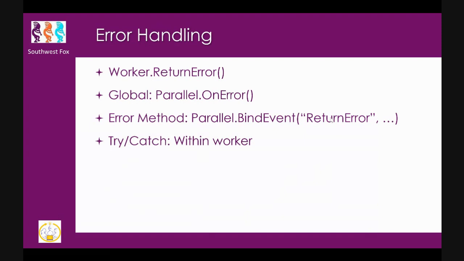Now, what about try-catch, structured exception handling? Yes and no. You can use it in a worker to catch an error, right? And then in the catch of that structure, you can call worker return error to notify the main process. You can't have a try catch within the main process that's going to catch an error that occurs in the worker.